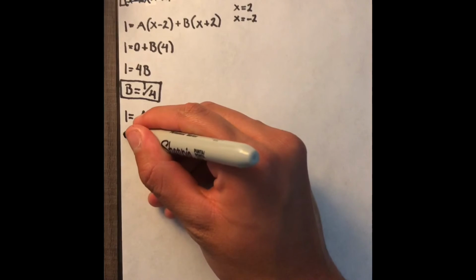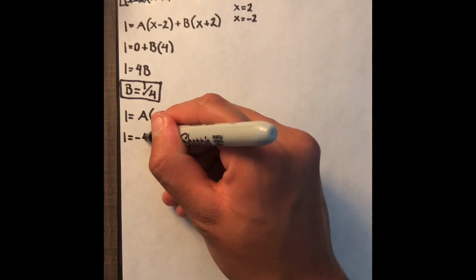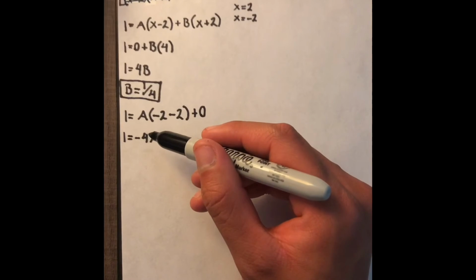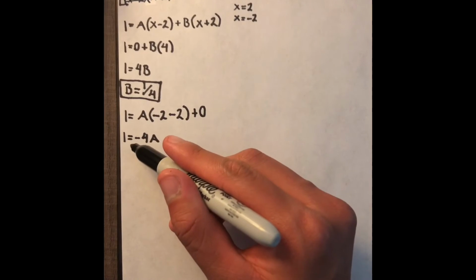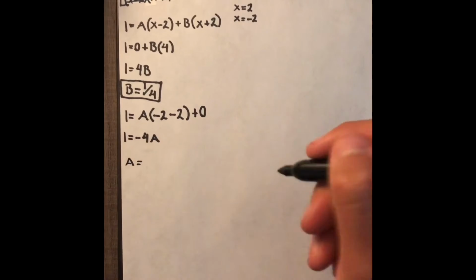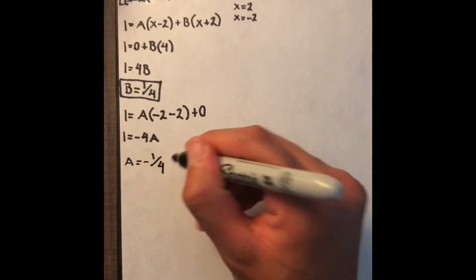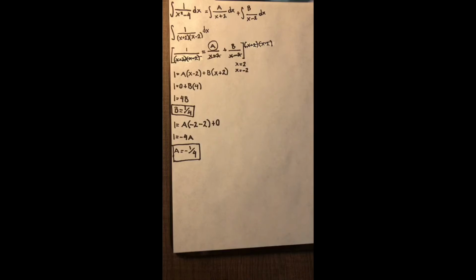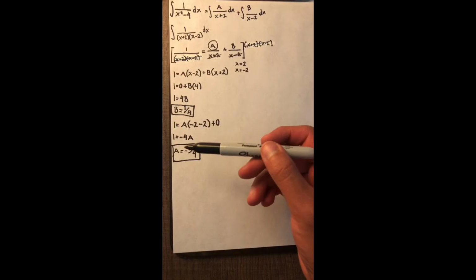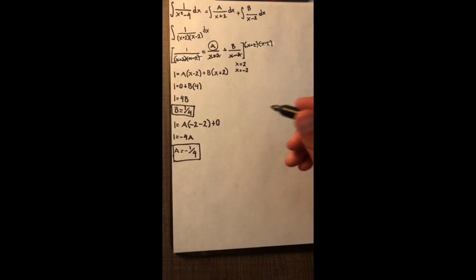Now we get that 1 is equal to -4a. Dividing both sides by -4, we get that a is equal to -1 over 4. So as we have the values of a and b, we're going to replace those values in this expression right here.